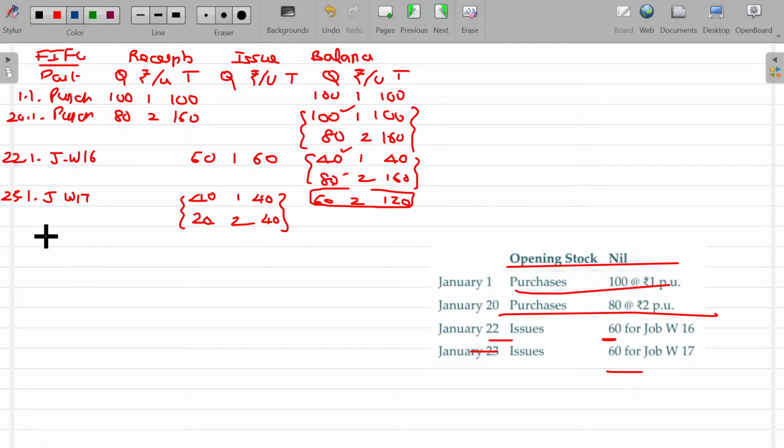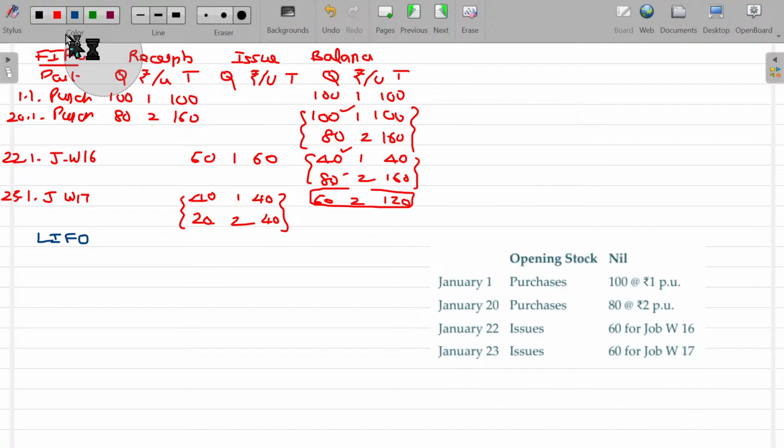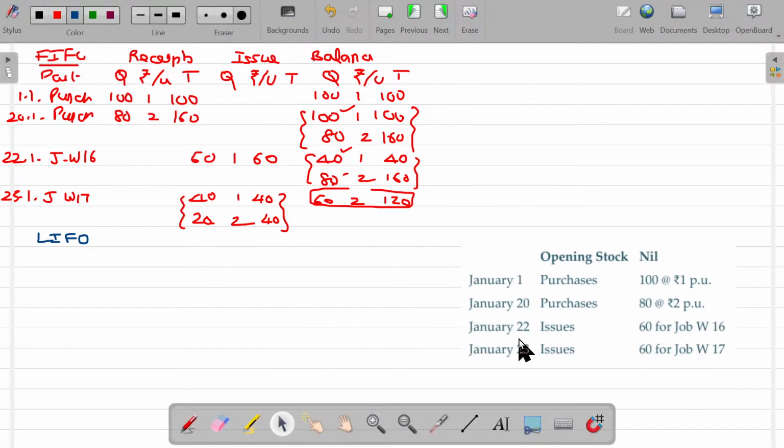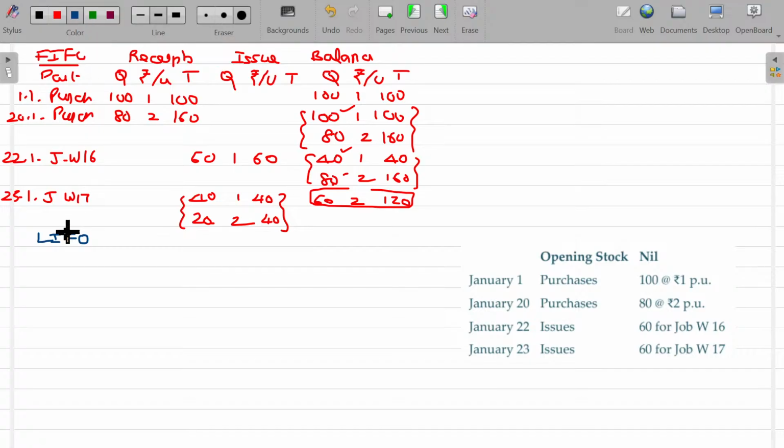If you go for the LIFO method, last in first out method, how will this appear? Let's see, I'll explain. On 1st Jan you have purchases of 100 units at rupee 1, 100, final value also being the same.